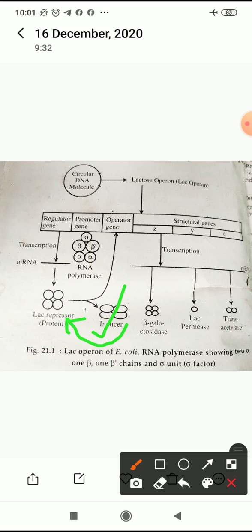So when this inducer binds with this lac protein, it does not block the operator gene. RNA polymerase can pass and reach the structural genes. Structural genes transcribe and production of enzyme occurs.